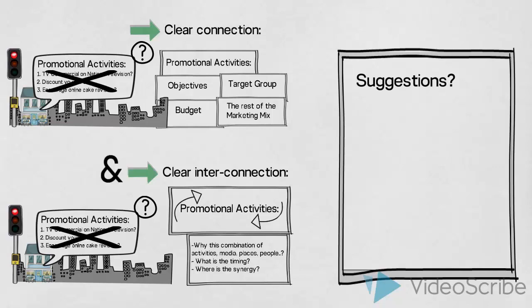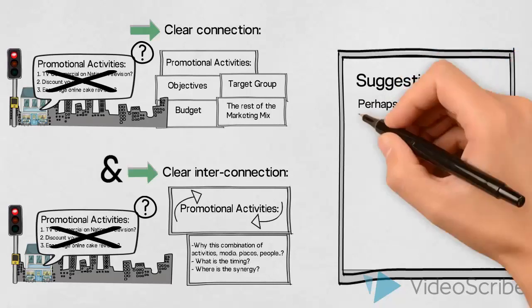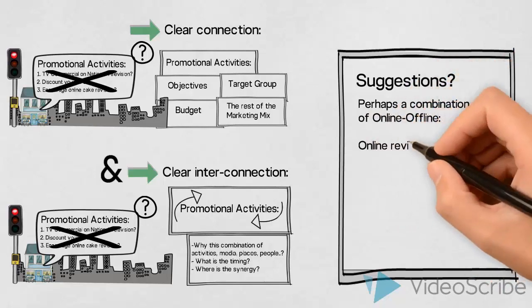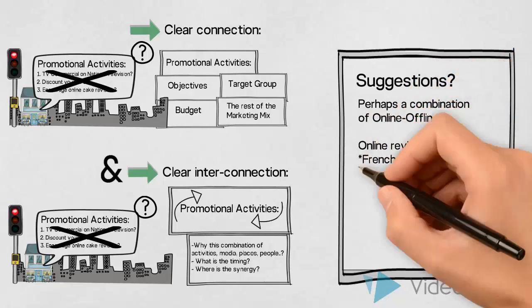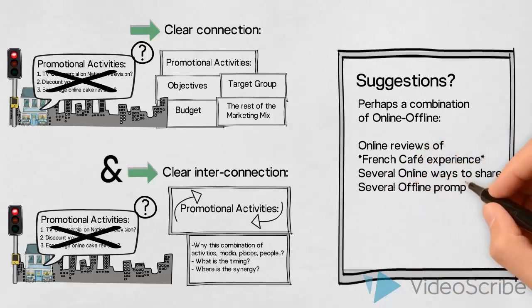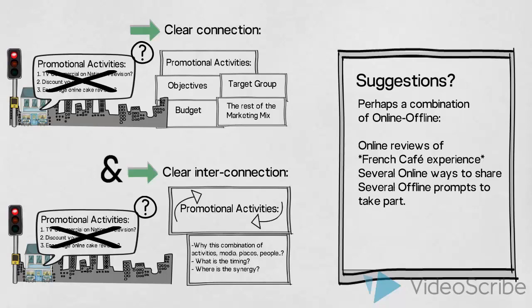One idea could be to encourage customers to review their French Café experience, not just the cakes. Depending on some research on the target group's media habits, a suitable online platform such as TripAdvisor or similar could be used. We could prompt the customers to take part when visiting the cafe, by personal contact and by different types of print.